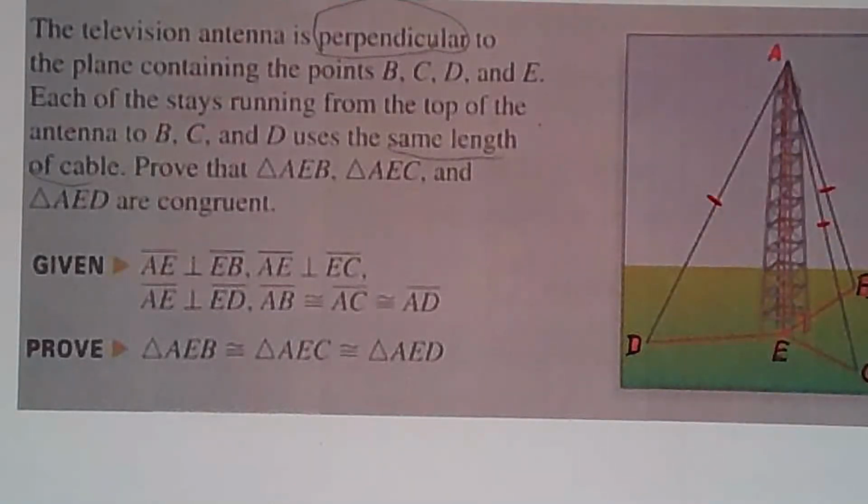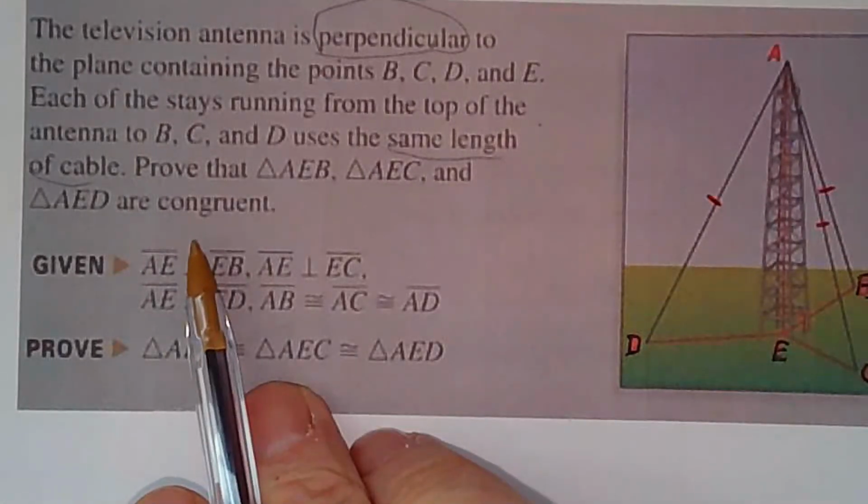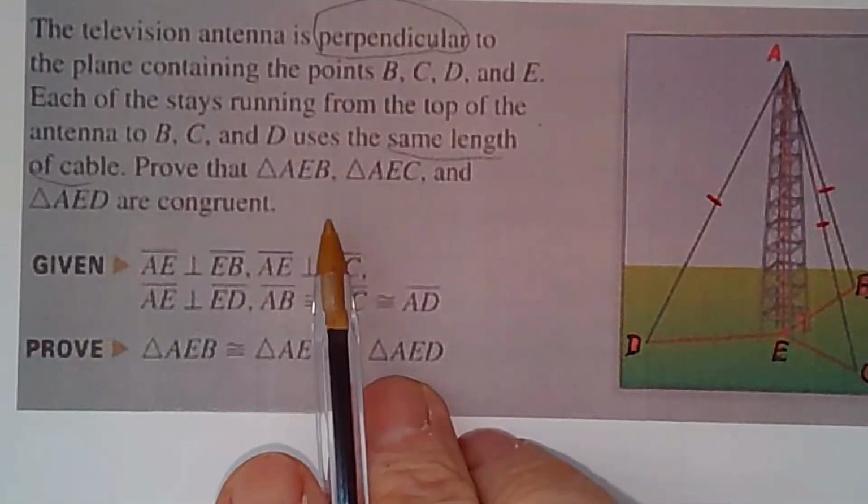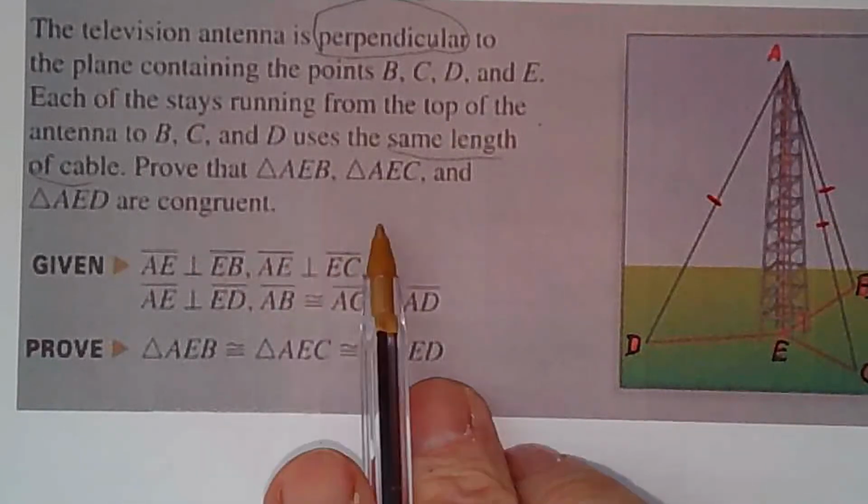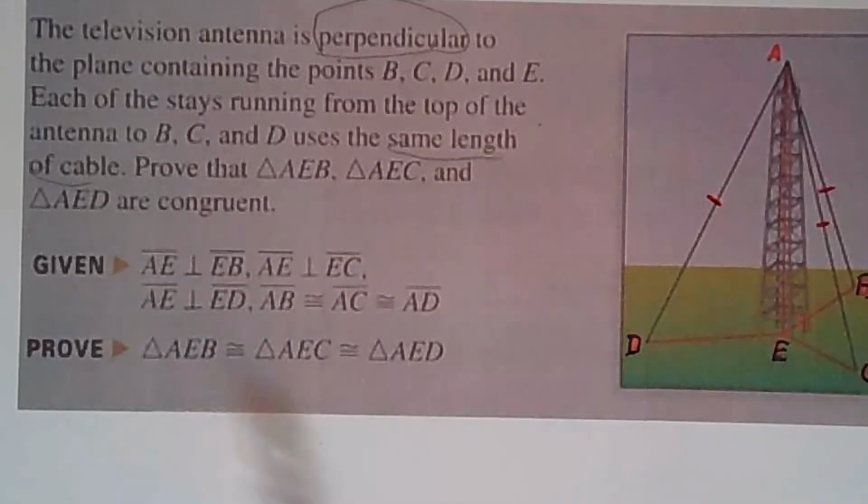All right? Now, they want you to prove that triangle AEB, AEC, and AED are congruent. So all 3 triangles, here they are down here.